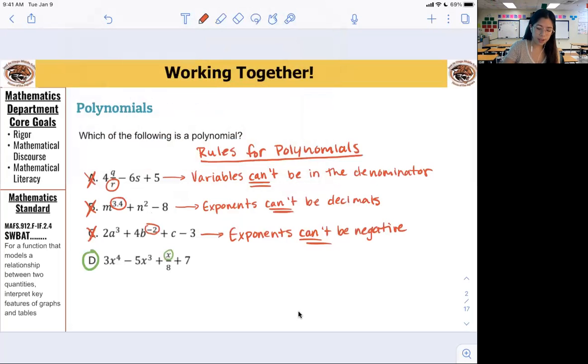The reason is that we can rewrite this as 1/8 x, so the fraction is just a coefficient. It's nothing crazy. But over here, since the denominator has a variable in it, that actually means it has a negative exponent. And we already know that negative exponents don't work out.